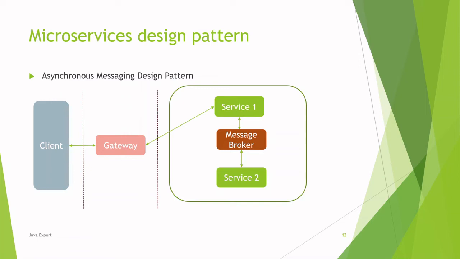In between we will have a message broker, right? Service 1 puts its request in a queue, and service 2 listens to it through the message broker. It will receive the message, process it, and put the response in another queue. Service 1 listens to that queue, gets the response and sends it to the client, right? It's an asynchronous call. It is a term we already know, right? Yeah. We'll move on to the next.